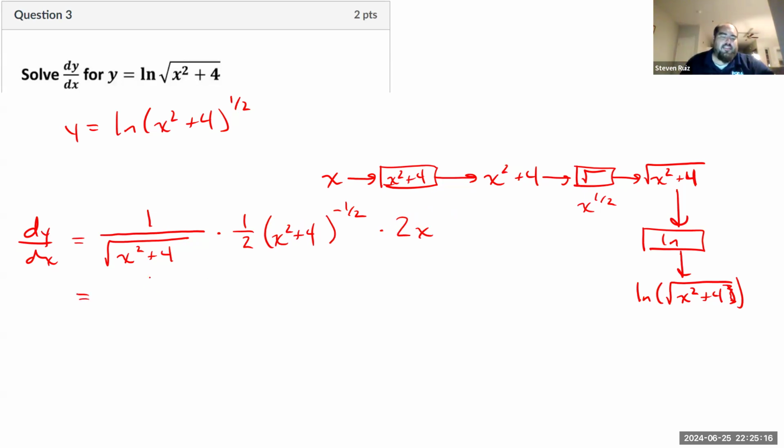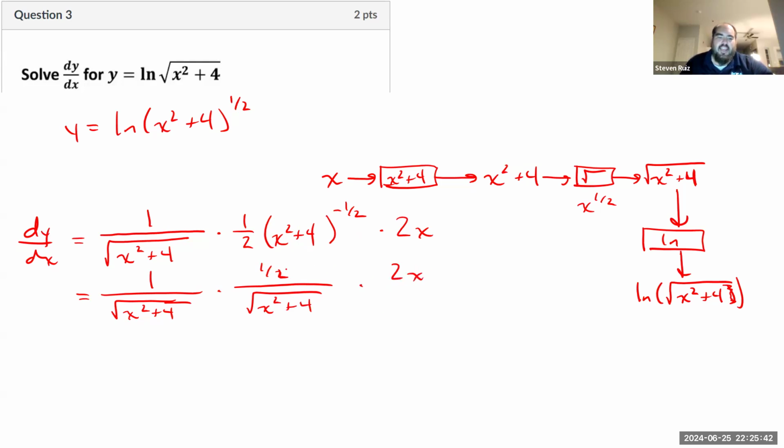Is there any way this simplifies in any kind of a nice way for us? Let's find out. So 1 over radical x squared plus 4. What is x squared plus 4 to the negative 1/2? Well, that's the same as, it's going to look weird, but I'll do 1/2 over square root of x squared plus 4. And then finally times 2x.